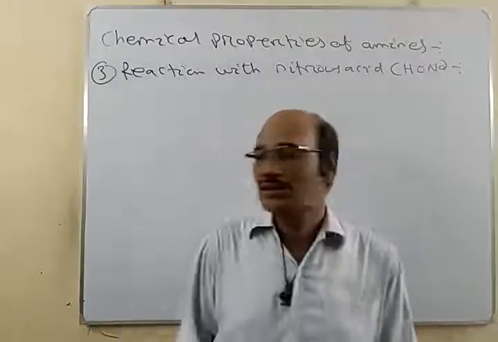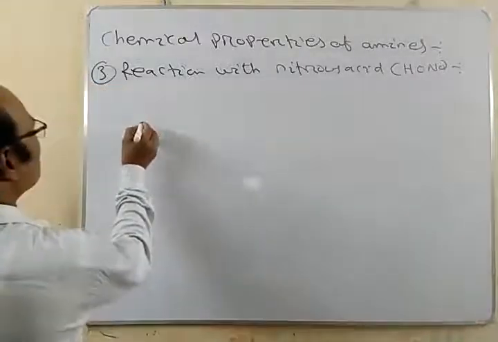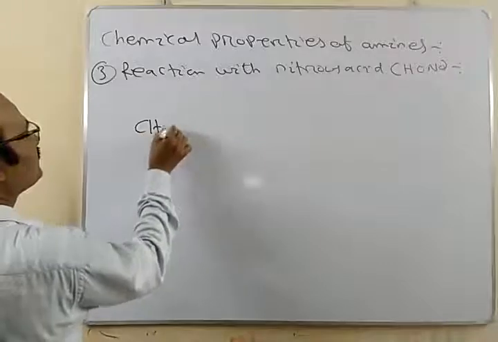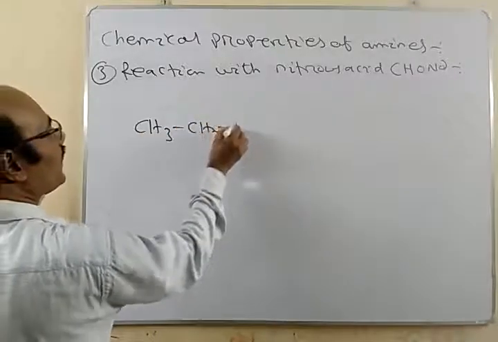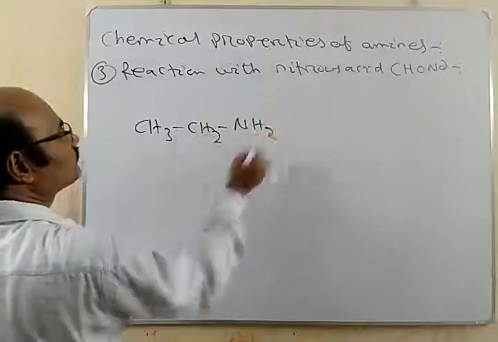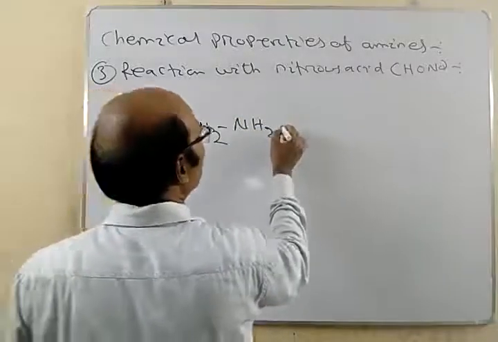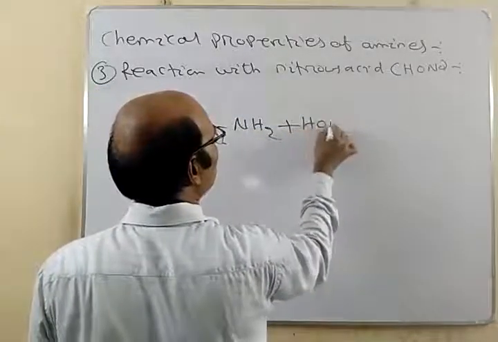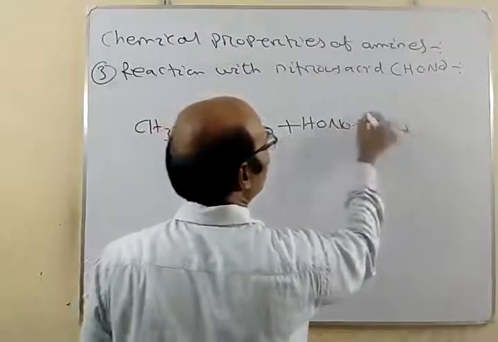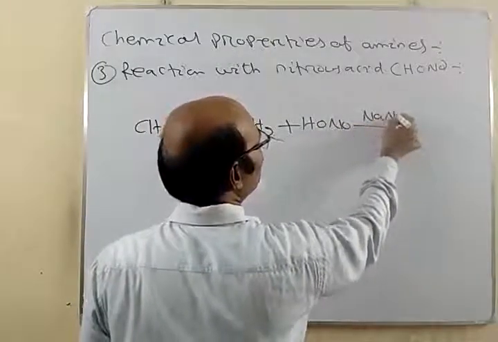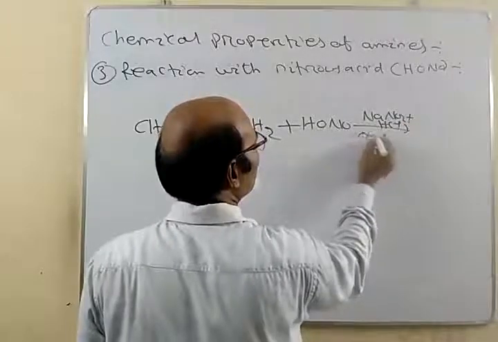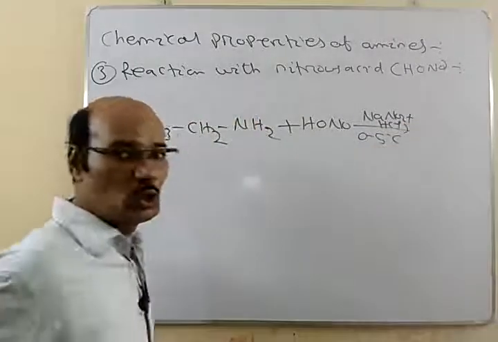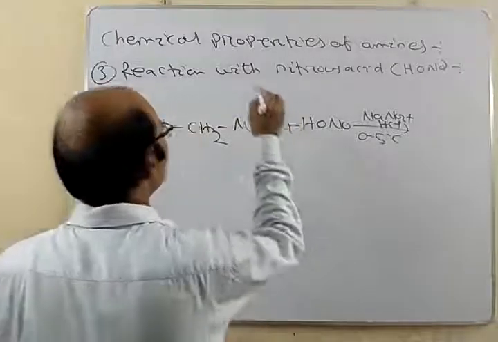So if I write CH3CH2NH2, ethylamine, plus HONO, NaNO2 plus HCl at 0 to 5 degrees centigrade, low temperature, you can see what will happen.